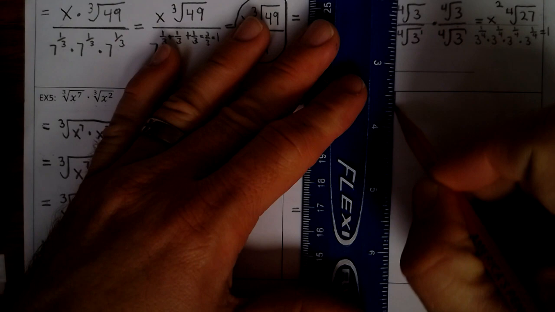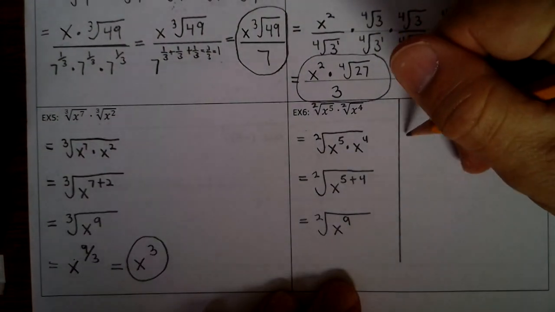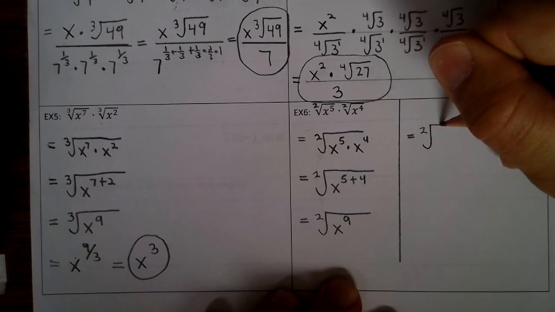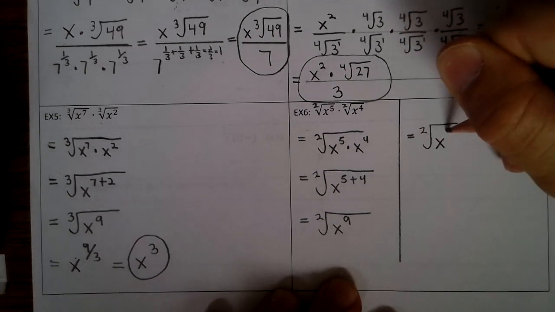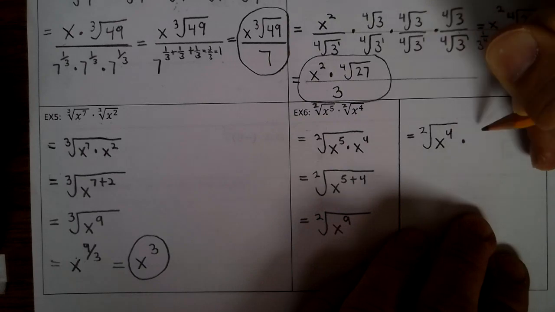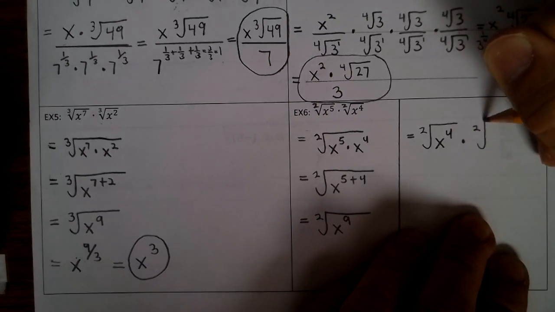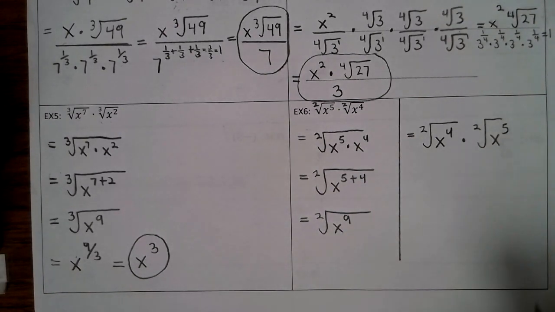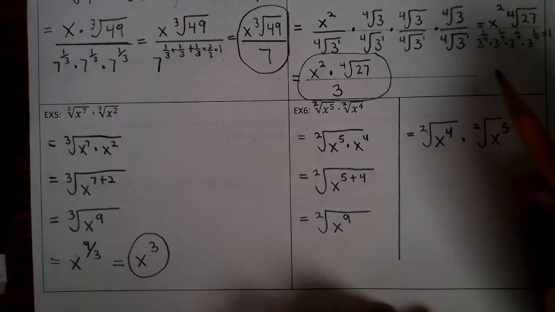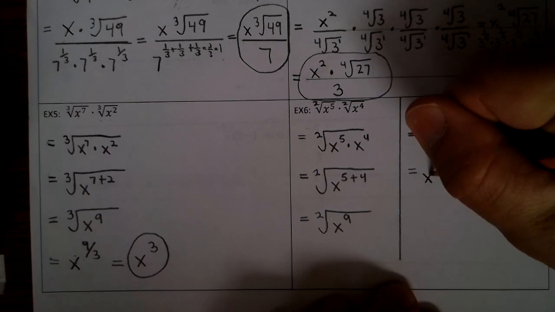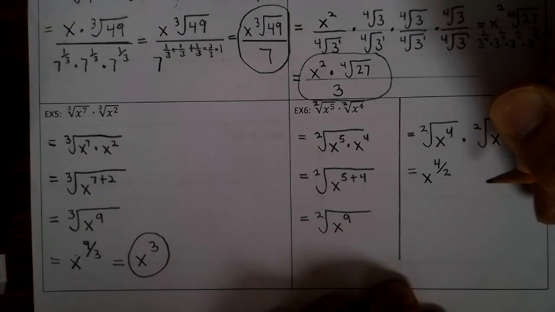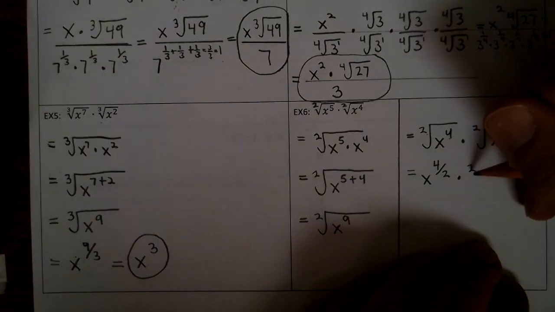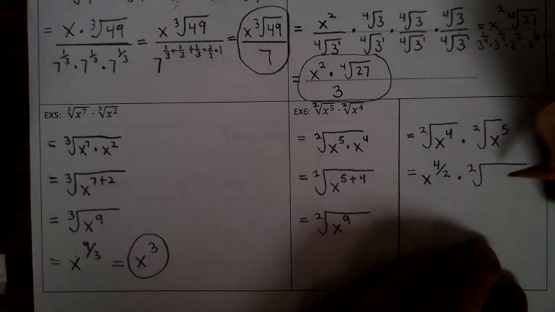What if I reorder and put x to the 4th here times the square root of x to the 5th? Now, if you notice, 4 will divide into 2, so we can rewrite this as x to the 4 divided by 2 times, wait for it, square root of, I can rewrite this as x to the 4th times x to the 1, because 4 plus 1 is 5.